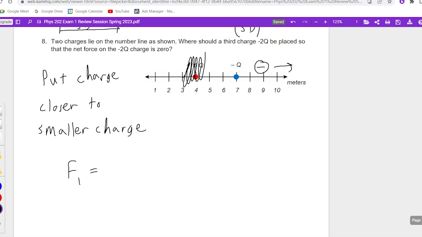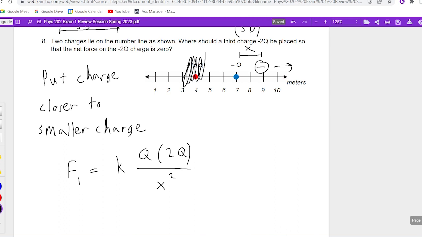Force 1 is equal to K. I'm going to leave it in terms of K because as you're going to soon find out, it will cancel out. K, charge 1 is negative Q, which I'm making positive because again I use absolute values. The negative 2Q is also just positive because of absolute values. Divided by some distance, I'm going to call it x squared. This distance between them I'm calling x. It's the answer to my question actually, whatever x is.